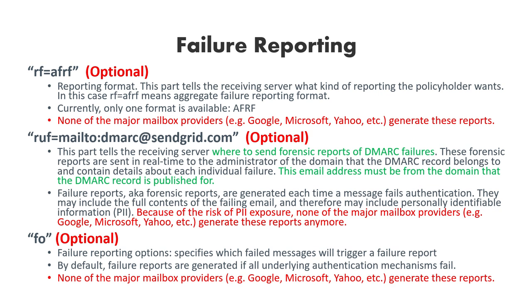The RUF is again optional. This is where they send the DMARC failures, and again, the email address must be from the domain that the record is published for. So keep that in mind. This one cannot be any random one.